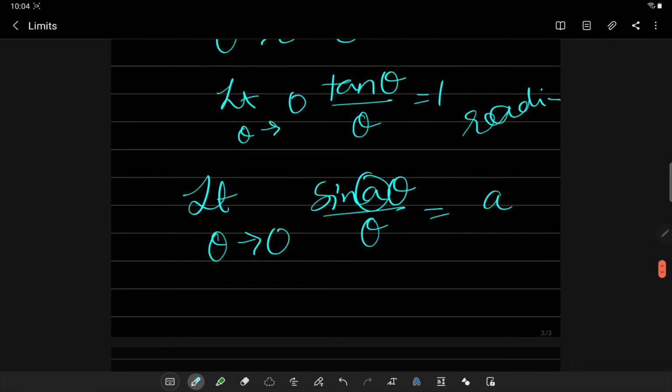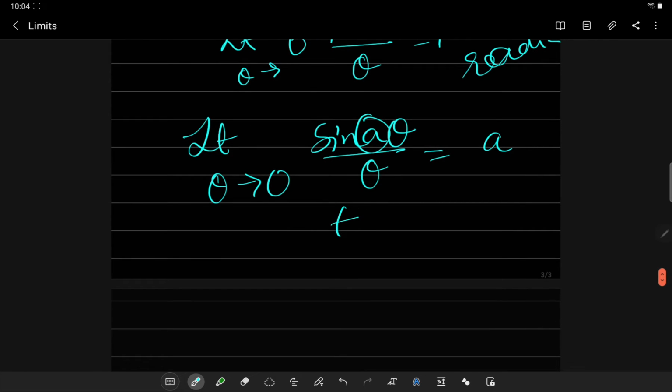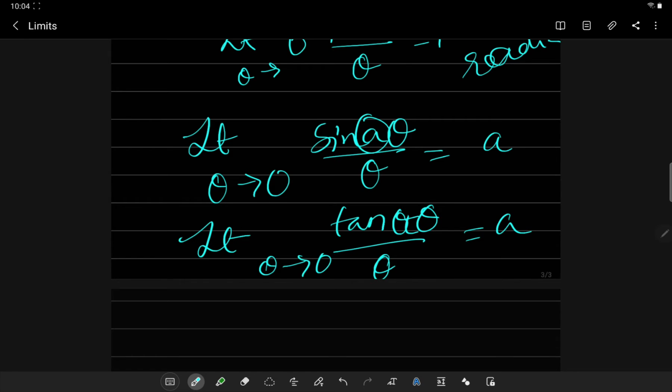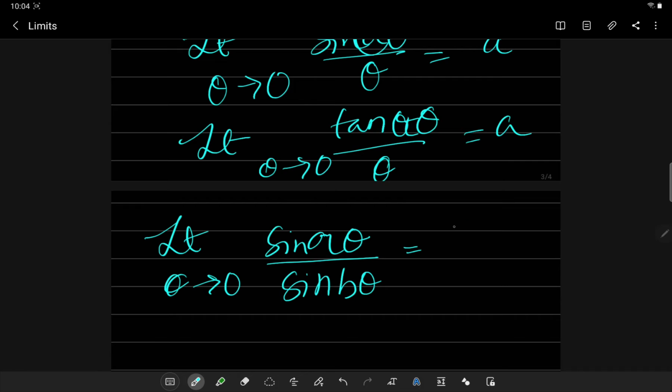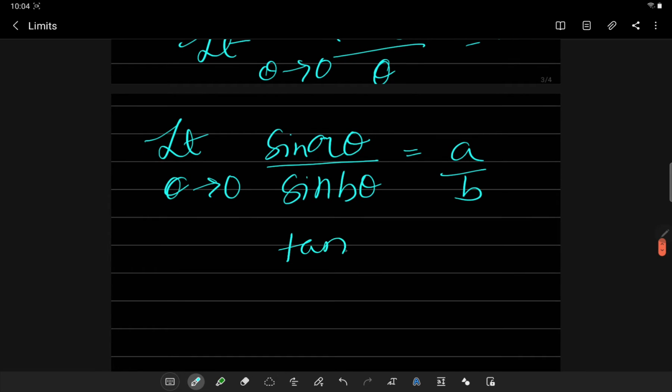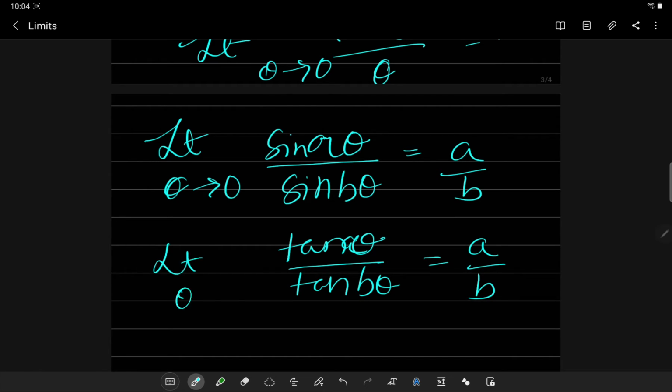Similarly tan(a theta) by theta will be a. Next, on the ratios, limit theta tends to 0 of sin(a theta) by sin(b theta), rearranging by dividing and multiplying by a theta, I will get a by b. Similarly for tan(a theta) divided by tan(b theta), you will have a by b.